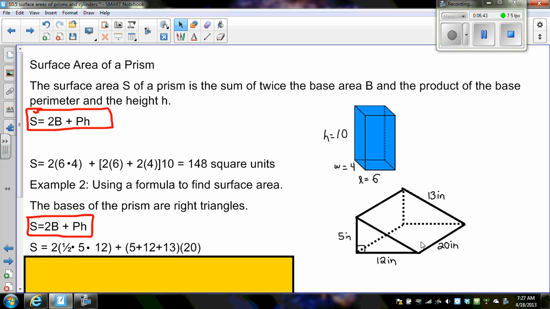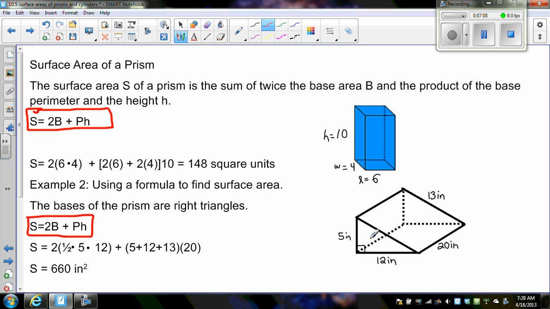So we have 2 times the base, which is 1/2 times 5 times 12, plus the perimeter, which is 5 plus 12 plus 13, times 20. So this becomes our height. Then we can simplify that and get 660 inches.